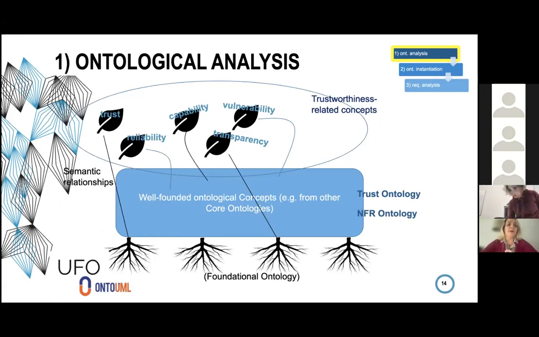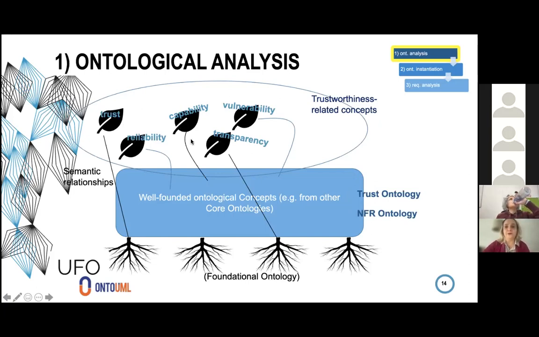So we start by looking at parts and wholes and roles and all these foundational concepts. But we can also reuse some other core ontologies that are in the intermediate parts of our tree. Let's say I'm taking an analogy of a tree, in which the new concepts are the leaves, right?